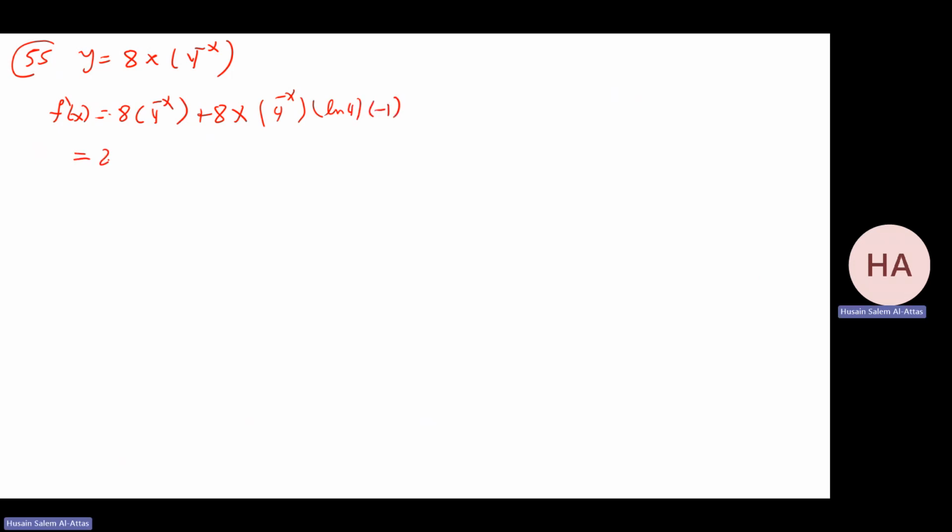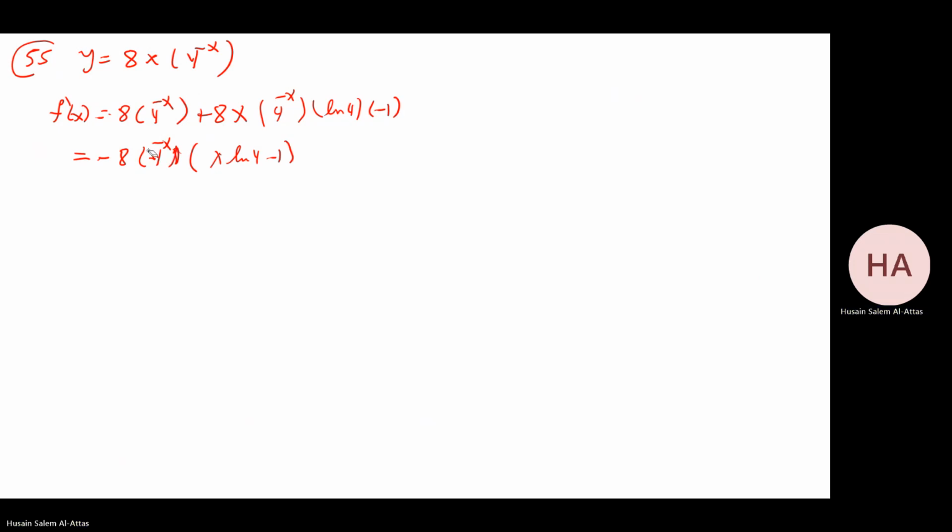So I can take 8 4^(-x) with the minus sign to make the calculation easier. Minus 8 4^(-x), this is my common factor. I have here minus, so I have x ln 4 minus 1.